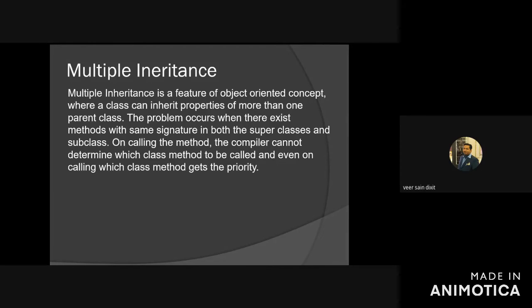I told you earlier that in Java the method overriding concept is possible. What is method overriding? Method overriding means there are methods with the same name and the same signature, meaning the same arguments and same return type, in both superclasses as well as subclasses. That is known as method overriding.